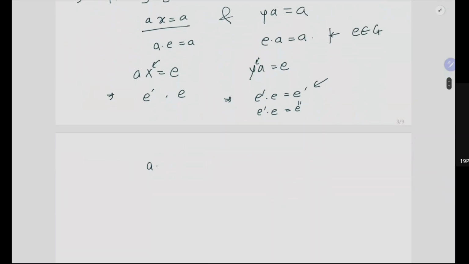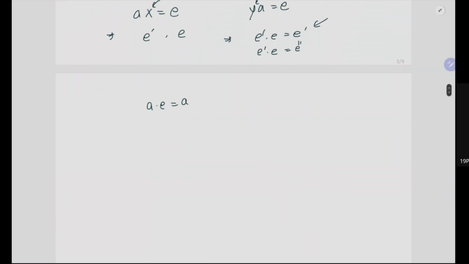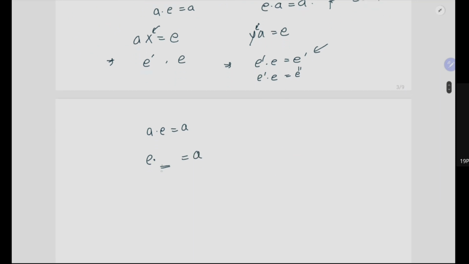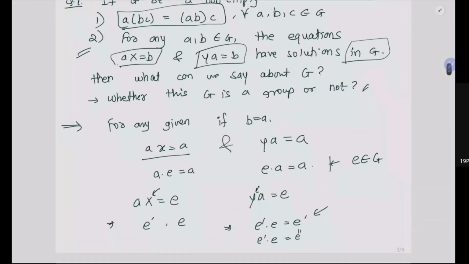So what we have is that A dot E is equal to A, and now suppose E dot something we want it to be equal to A, right? And again we can consider this, and this X would give us the required solution, I guess.